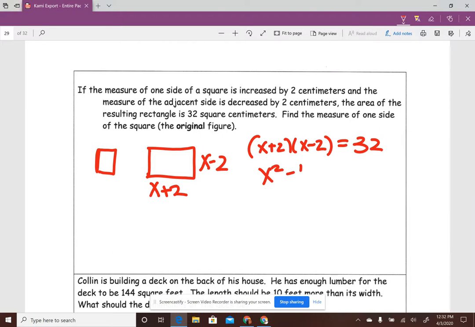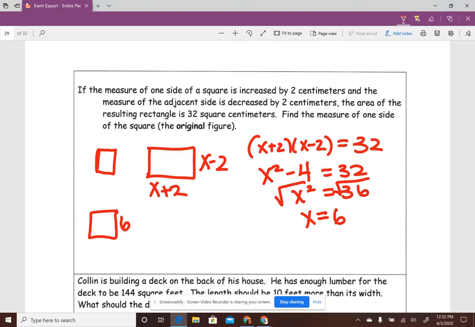Oh, difference of two squares, so that's simple to do. So x squared equals 36. Square root, so x equals 6. I'm not putting plus or minus 6 because I know it can't be negative because it is length. So this is 6, because remember that was the x. Find the measure of one side of the square, the original, so it's 6.